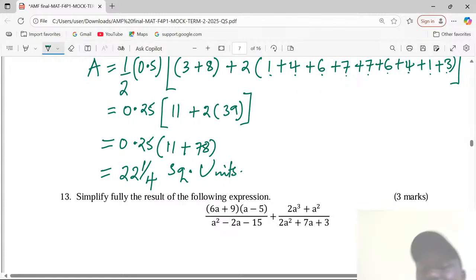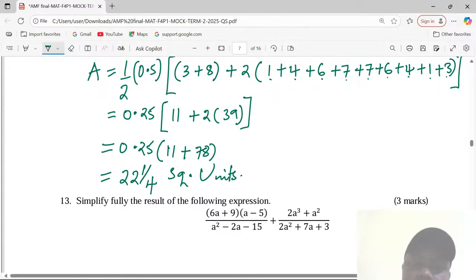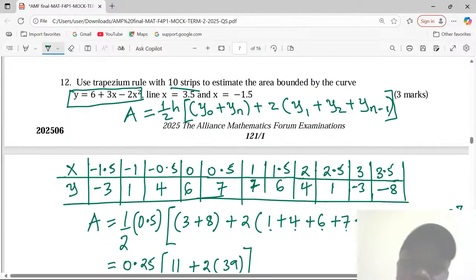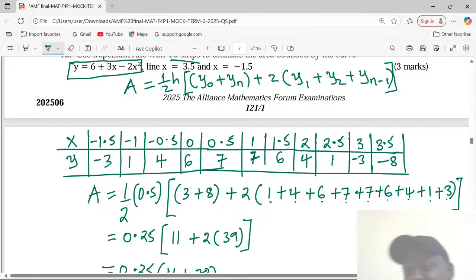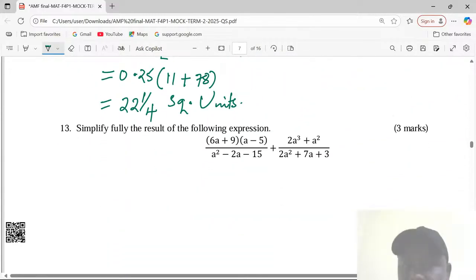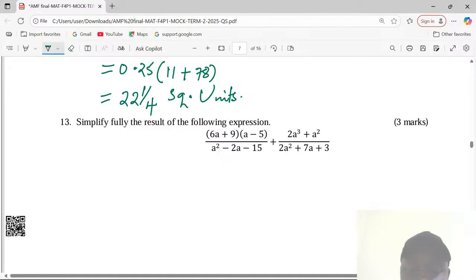Remember, the answer can be slightly different when you use a different number of strips. When you use 5 strips, for example, the answer will be less accurate. The more the strips, the more accurate you are. Something that you're supposed to know. I thought that's important for people.